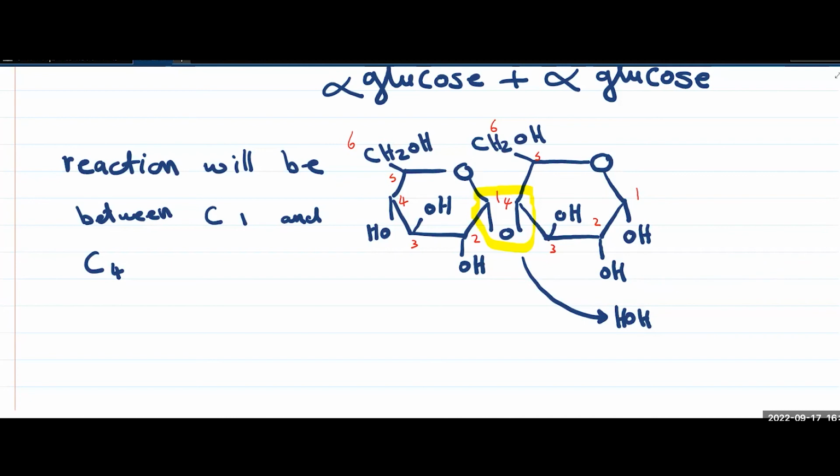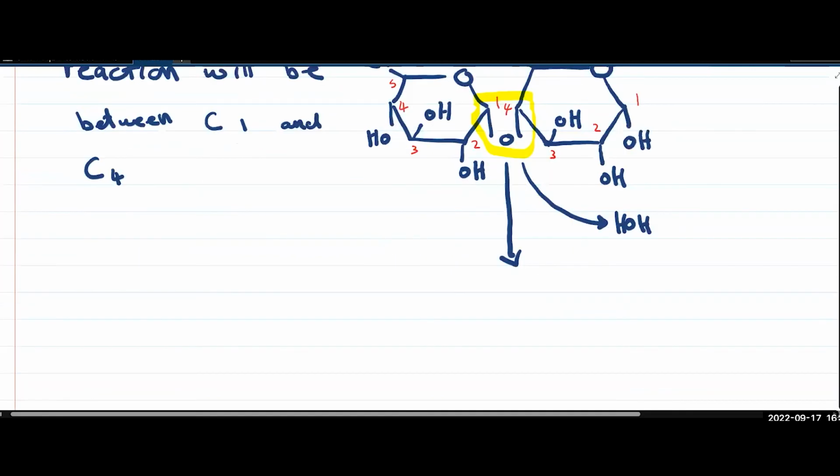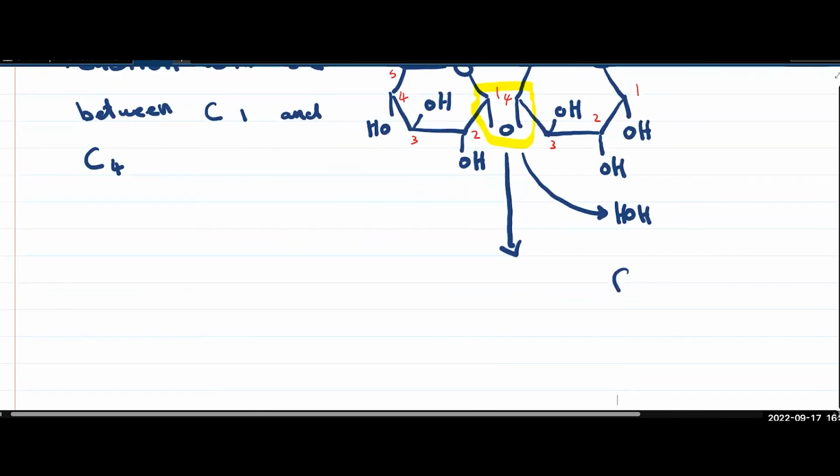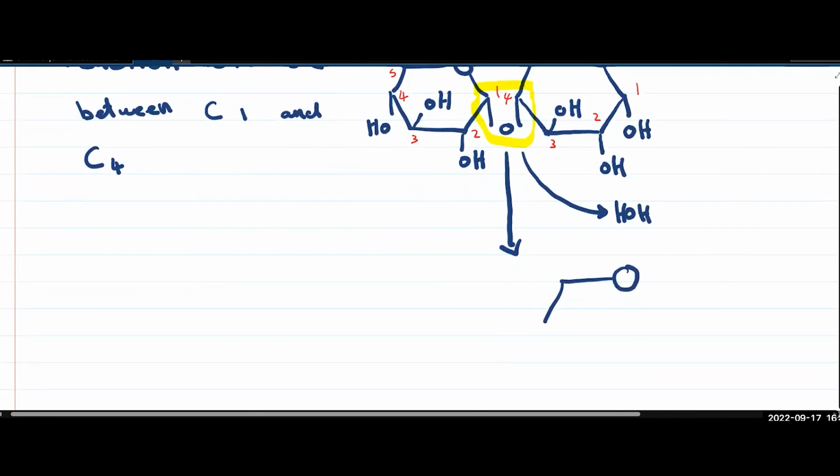And this bond is called glycosidic linkage. After elimination of the water, the maltose will have that structure. And this bond is called what?